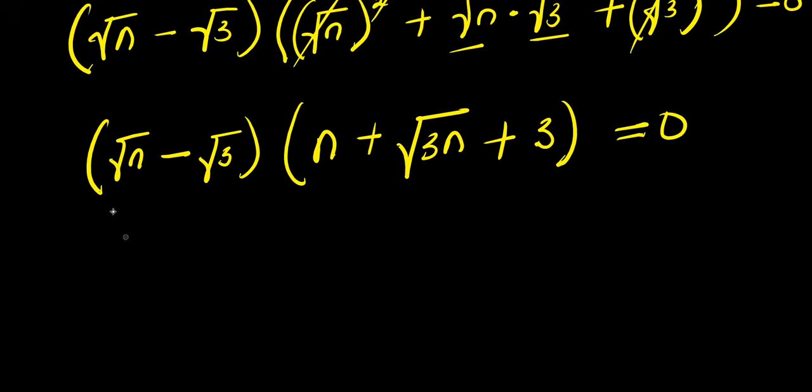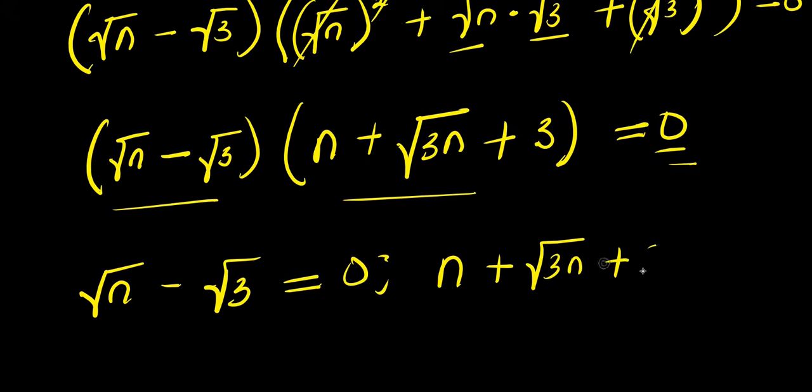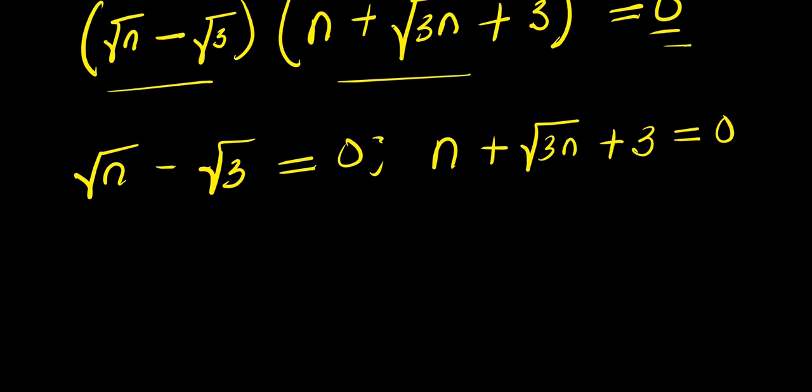So let's equate each of them to 0. We have square root of n minus square root of 3 equals 0. We have n plus square root of 3n plus 3 equals 0. Now to solve this, we move this over here.